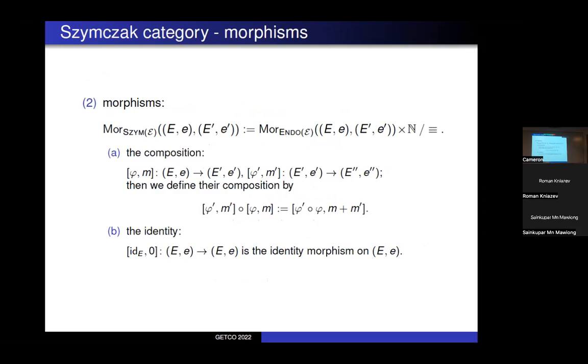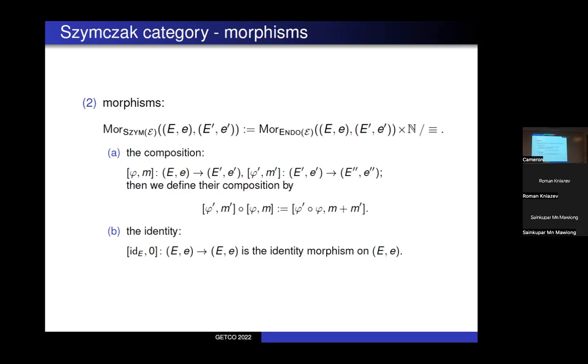The composition is defined as follows. We just compose morphisms on the first coordinate. On the second coordinate, we just add natural numbers. And the identity here is given by the identity together with 0, the identity on P. This is a well-defined category.